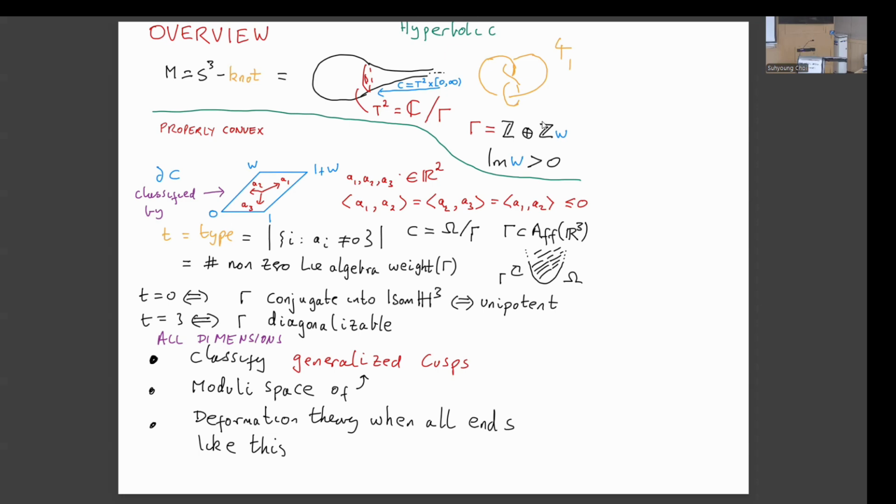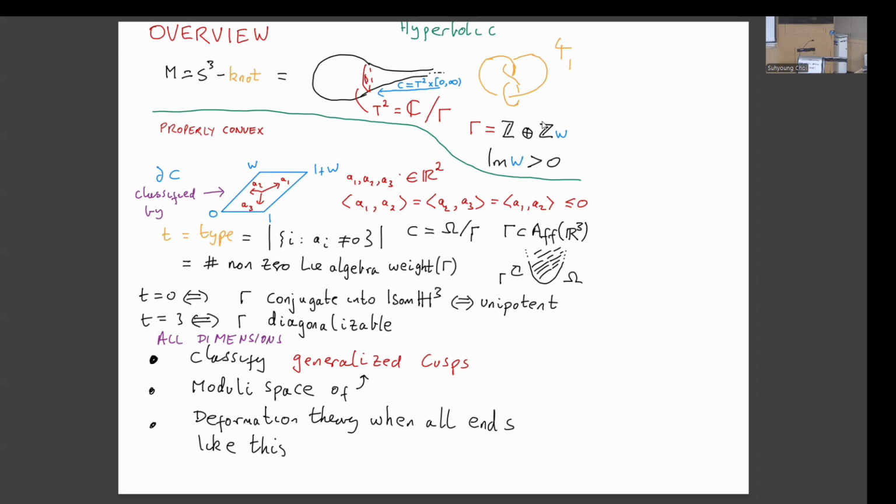So it's possible that one or more of these vectors is 0, in which case this constant is 0. The number of non-zero vectors is called the type of the cusp. So the type is an integer 0, 1, 2, or 3.